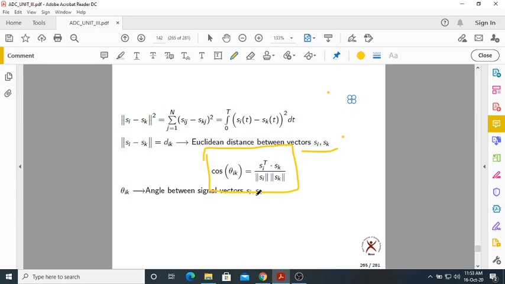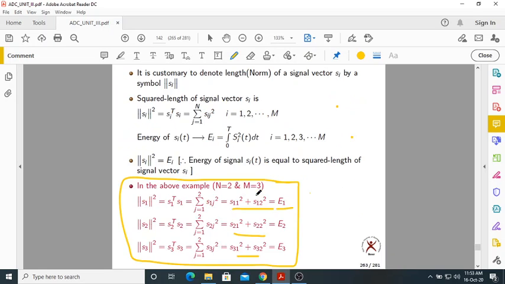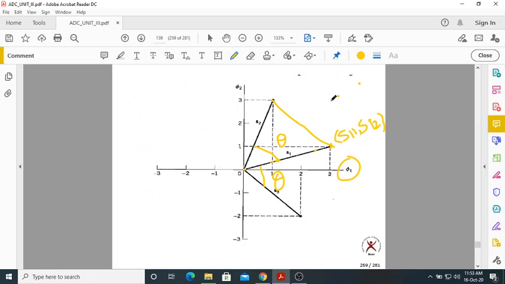So these are all the things we have discussed about signals in geometry. Finally, I want to conclude by saying this. We can represent all the things in an n-dimensional signal space. We can find the distance between any two signal vectors.